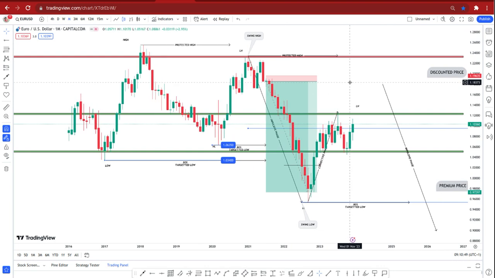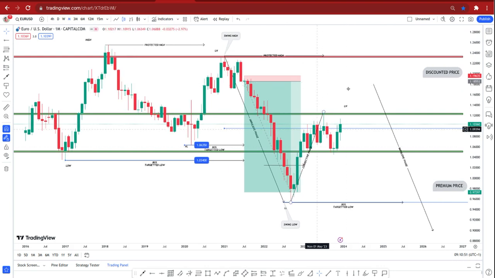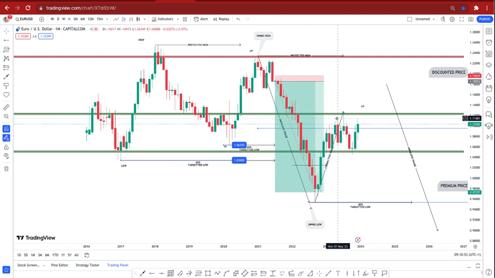So I'm inside the corrective phase presently, and I'm actually looking at this zone. If price revisits this zone here and I see some kind of strong bearish engulfing, most times it doesn't give a bearish engulfing, it just starts with a small bearish candle, and before you know it, price already got here and you are still waiting for the engulfing.